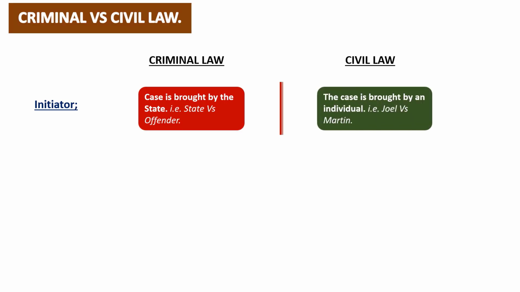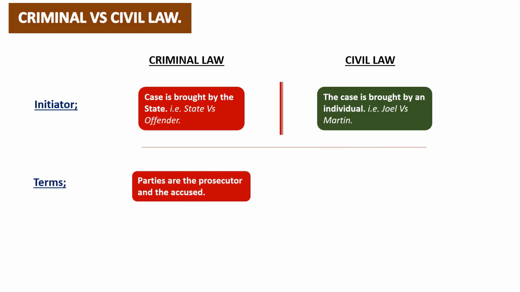In civil cases, it must be brought about by an individual who feels aggrieved. So the title will be the names of the parties involved. So Joel versus Martin. Now, in criminal law, the parties are known as the prosecutor and the accused. So the prosecutor is normally an official of the state who will bring up a case against somebody who flouts the law.